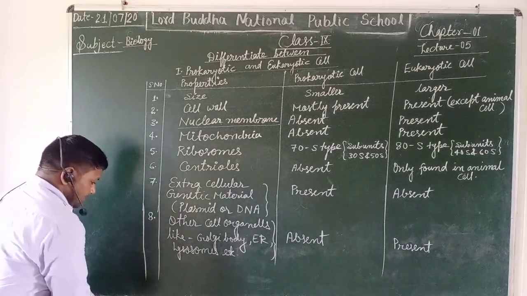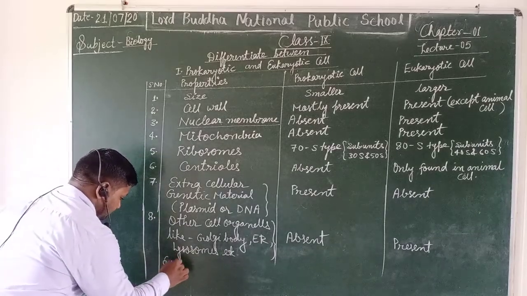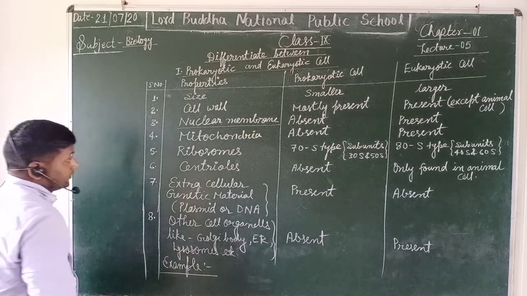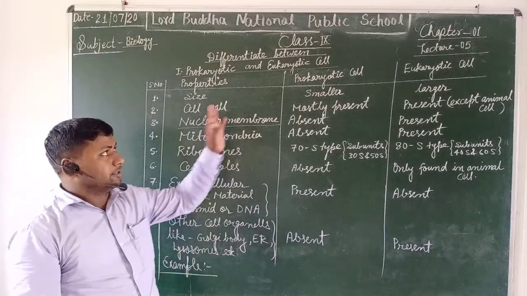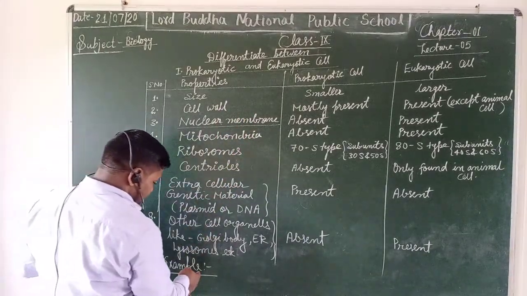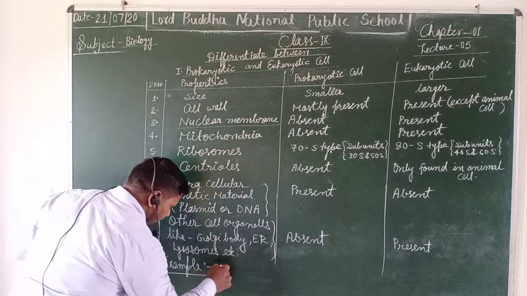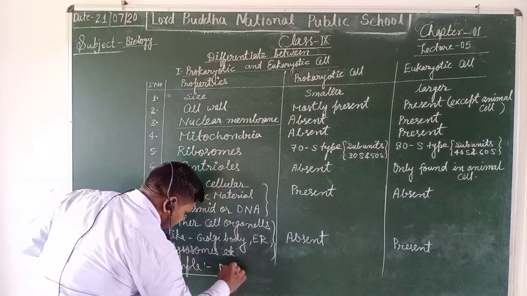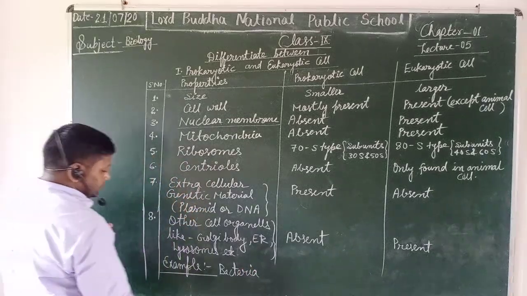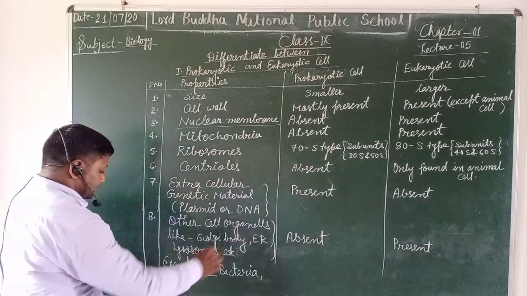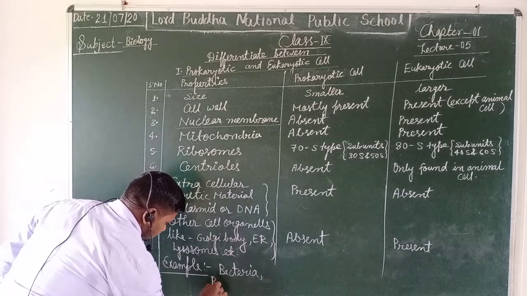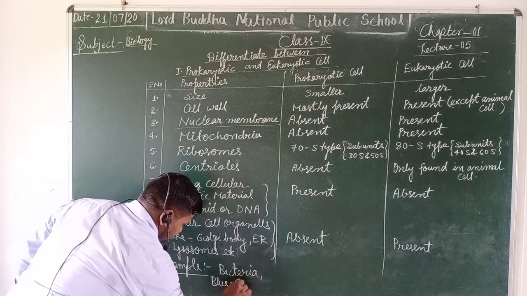We also take example of some prokaryotes whose body is made up of prokaryotic cell. Bacteria is a very common example of prokaryotic cell, except the non-blue green algae.